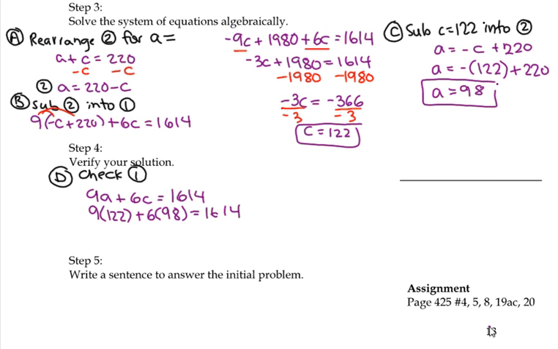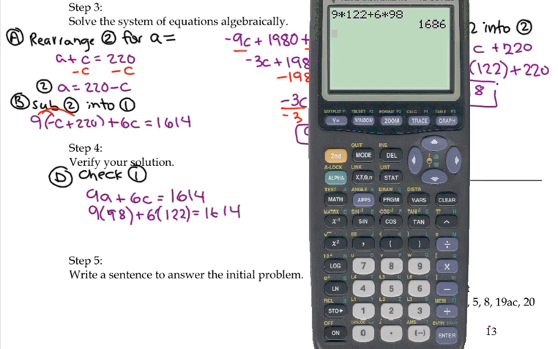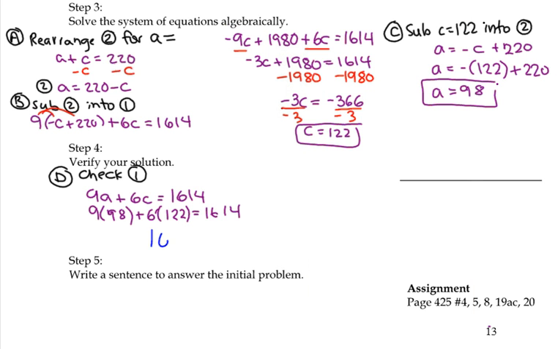See, this is not good. 9 is the adults, which was 98, plus 6 times the children. Let's try that again. 9 times 98 plus 6 times 122. There you go. 1614 equals 1,614. That's it. So manageable. It just takes practice.